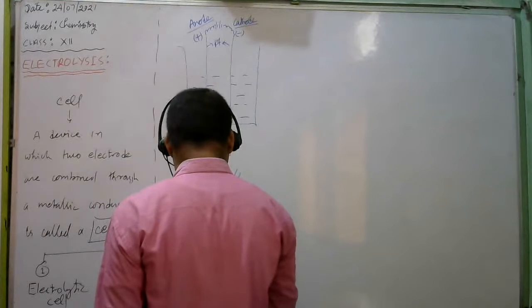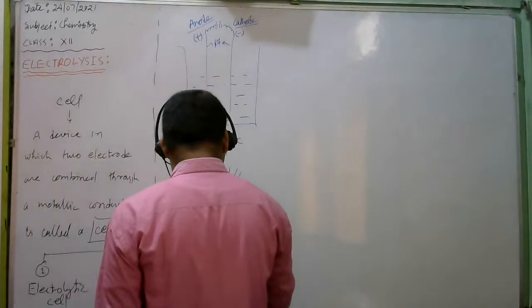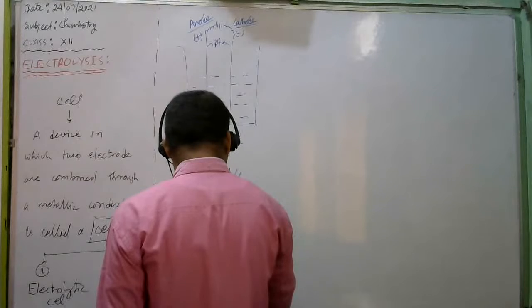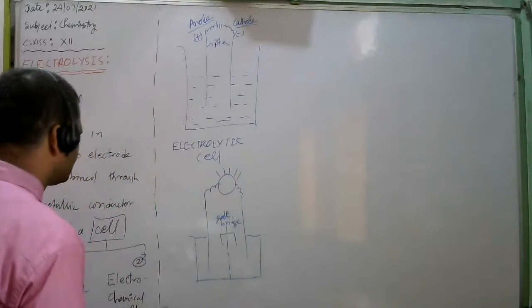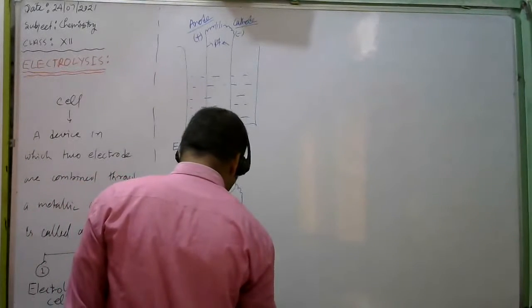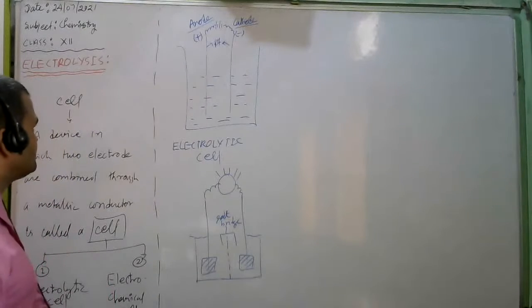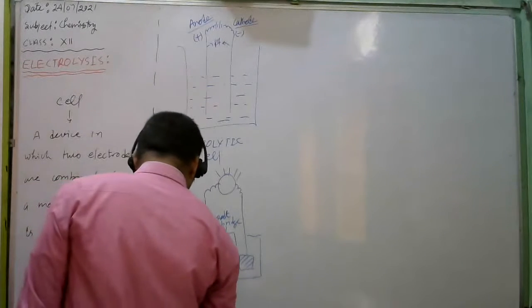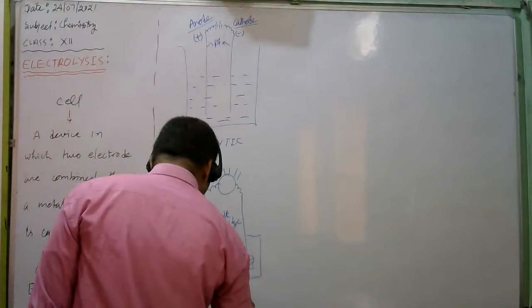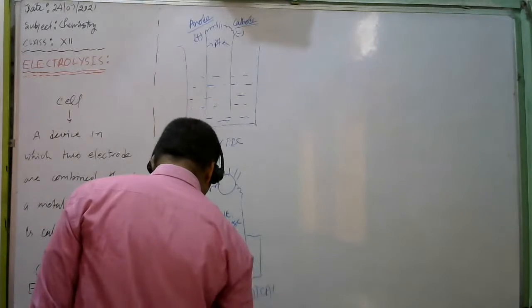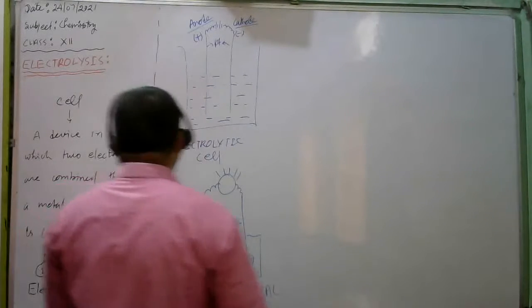This one is the salt bridge. Both electrodes are present in separate chambers.